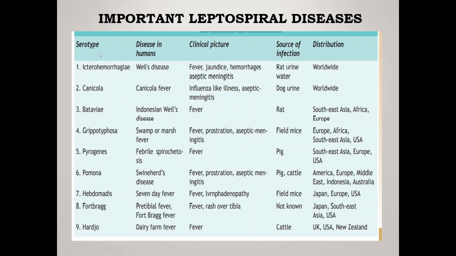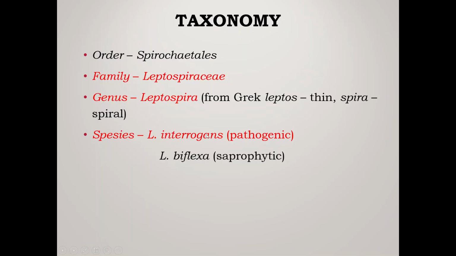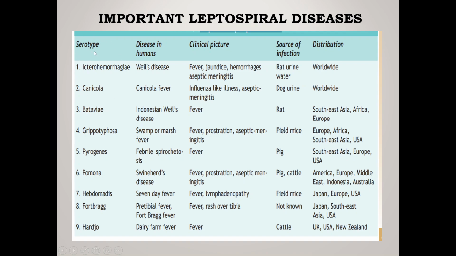For example, the species Leptospira interrogans is classified by serotypes: Icterohaemorrhagiae, causing Weil's disease in humans, source of infection rat urine and water; Canicola serotype, causing Canicola fever in humans, source of infection dog urine; Batavia serotype, the causative agent of Indonesian Weil's disease, source of infection rat, etc. The species Leptospira interrogans has many different serotypes.